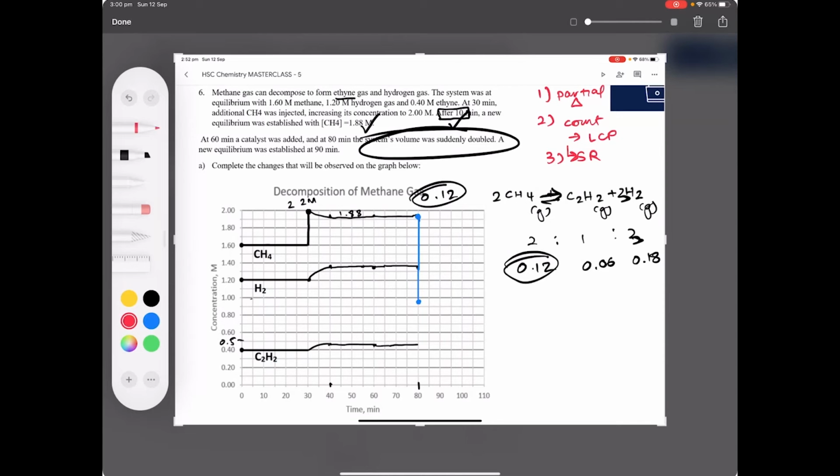Okay. And what's going to happen to the H2, Taha? What does that decrease to? 0.69. It's 1.38. So no. Is it? Yeah, I think you're right.